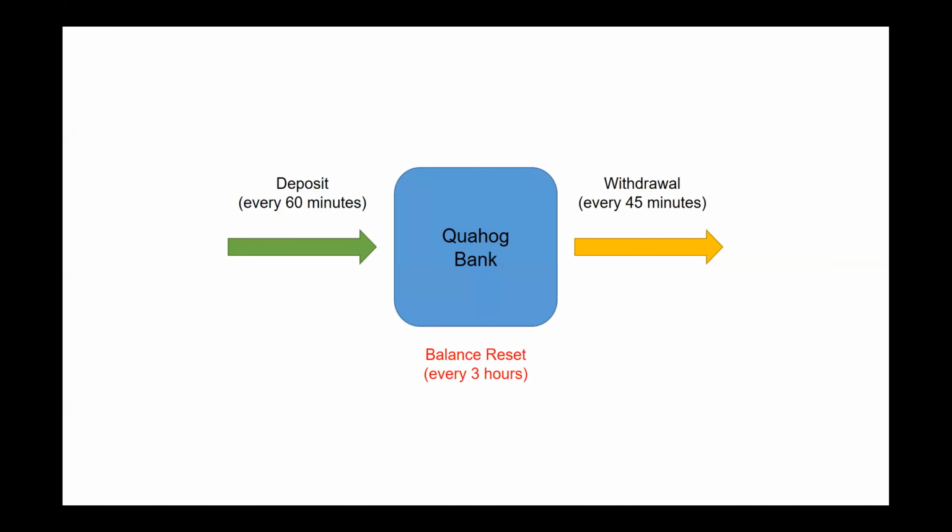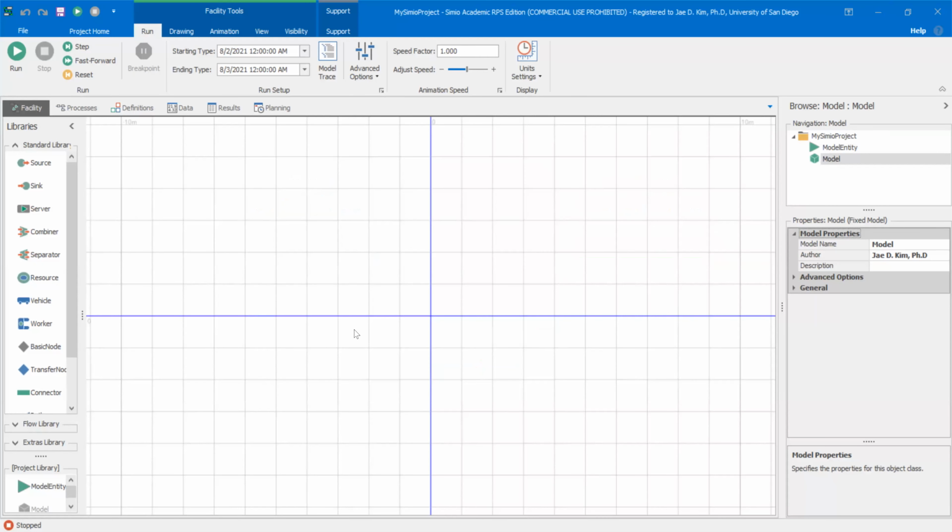Let's go to Simio. I can create this model without using too many objects, but just so that we can visualize what's going on, I'm going to put in some sources and a server.